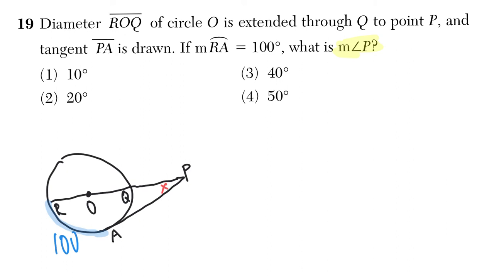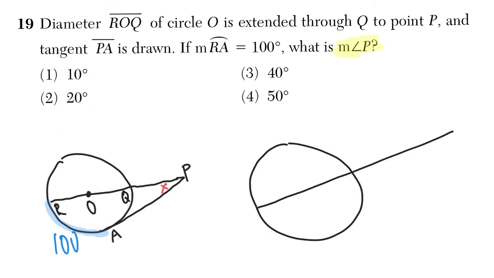All right, how are we going to figure that out? Well, I know a few things. I know that when we're talking about angle relationships involving secants and tangents, I'm actually going to sketch this out again. I know that theta, which in this case is what we're looking for, right? This angle right here, is equal to big arc minus small arc divided by 2.